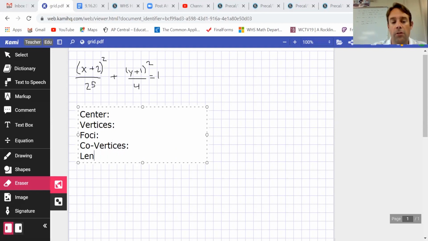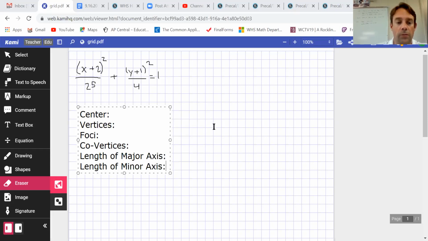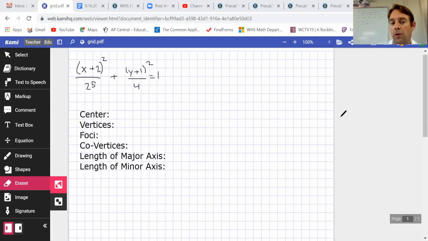I'd love to know the length of the major axis, the length of the minor axis, and I also want you to sketch the graph. So go ahead and take a second here and see if you can figure out all this information.